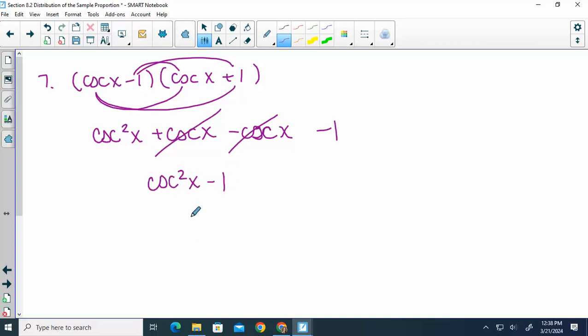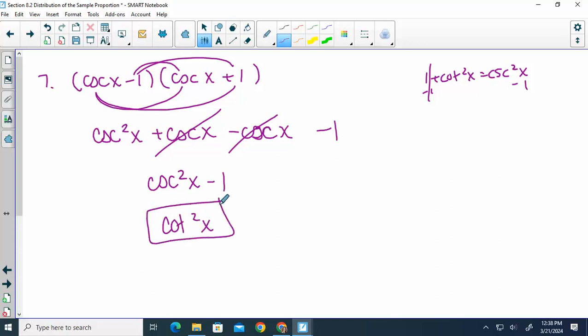Look at your Pythagorean identities. We have 1 plus cotangent squared equals cosecant squared. So if you took that identity and subtracted your 1, cosecant squared minus 1 is cotangent squared. Not the only way. If you got stuck at this point, you could always go to sines and cosines. Is that okay?